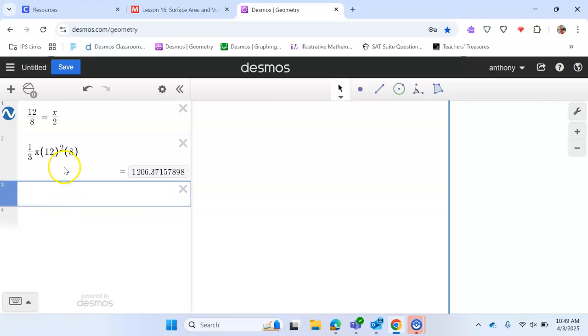And the new one will have a radius of 3 and a height of 2.